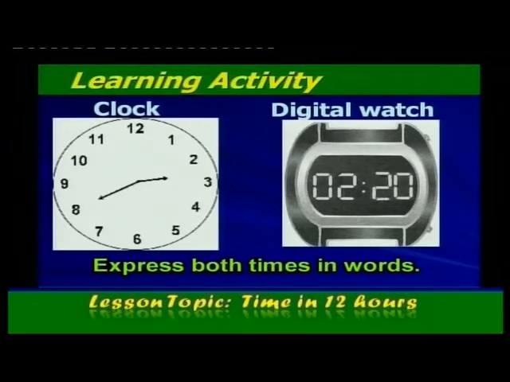You have 3 minutes to do that in your group. So discuss the answers in your group. Students, please write your answers big on the A4 paper. You have been given 2 papers, so use those 2 papers. You write 2 different answers on those 2 different papers given. You express the time in words.